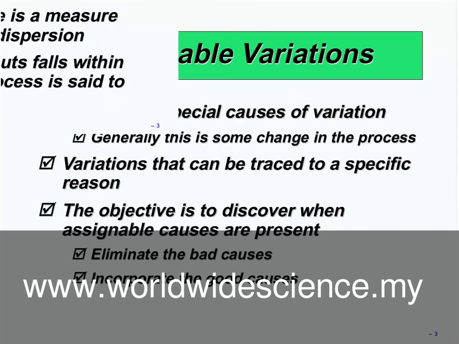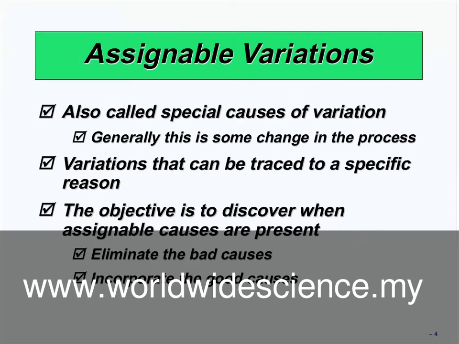Assignable variation is also called special variation. Generally, this is some change in the process, variation that can be traced to a specific reason. As I told you, operation managers should stop and examine what the specific reason is for this defect or problem in production.